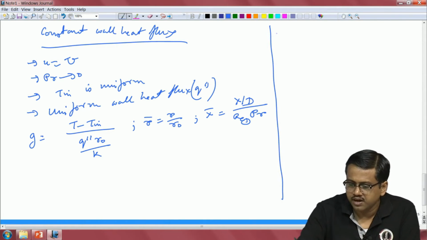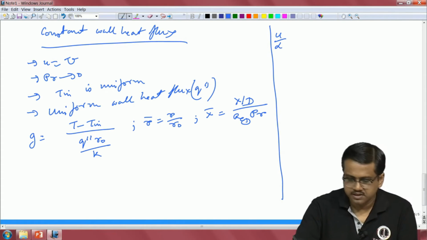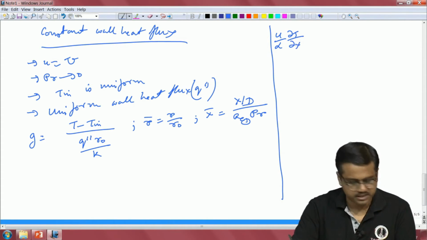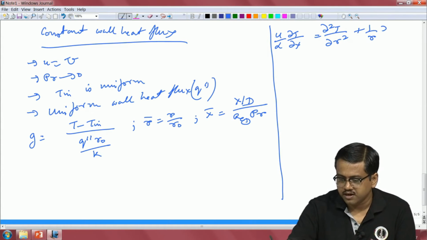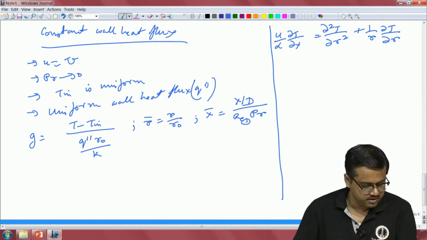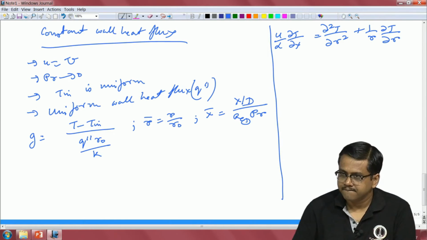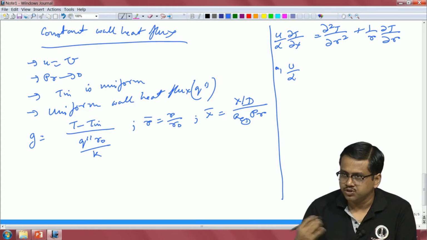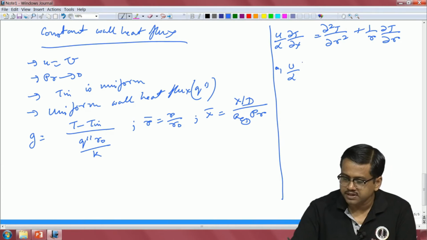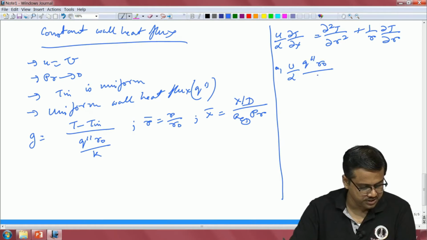Then you have your U by alpha dT by dx is equal to d square T by dr square plus 1 by r dT by dr. The same thing is valid now over here, except now your U becomes once again capital U. Q double prime now comes over here because of your definition.